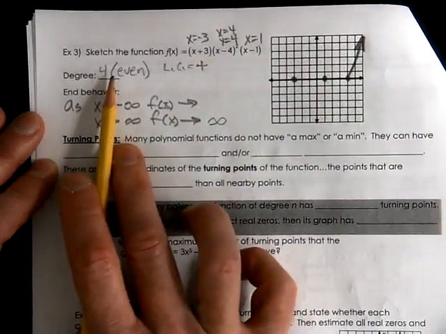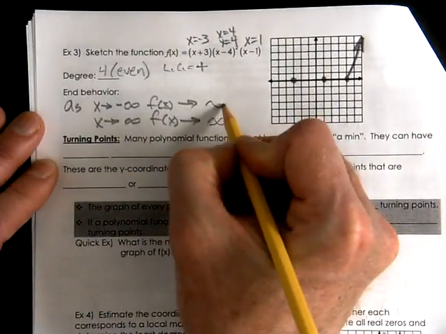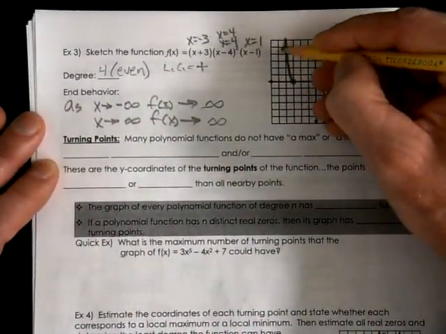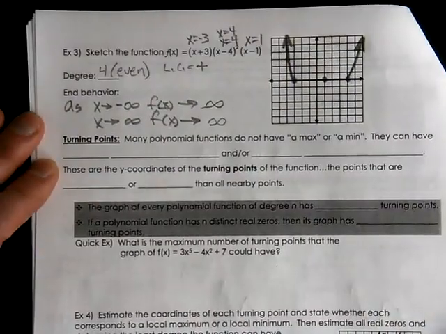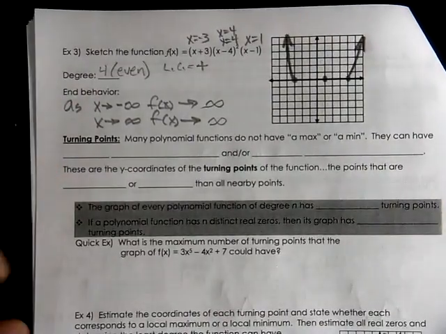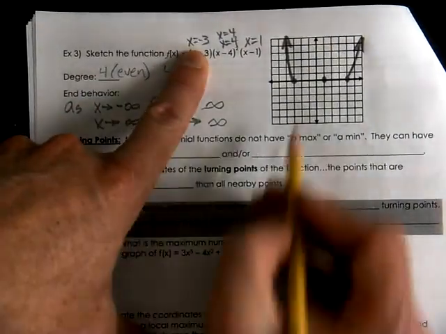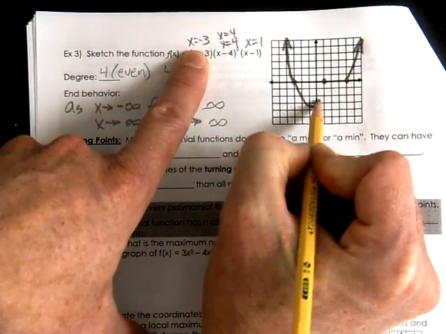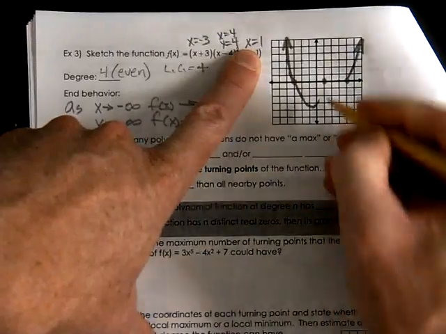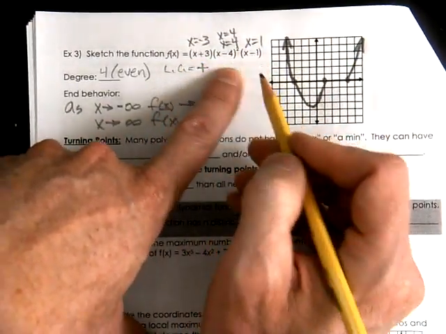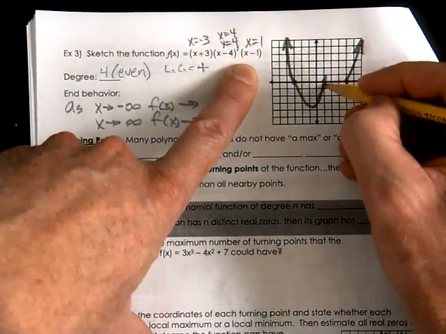And because it's even, you know that it's going to be going in the same direction, which is that way. But what happens in the middle? At -3, it goes right through it. At +1, it's not in that same order, but that doesn't matter. At +1, it goes right through it.